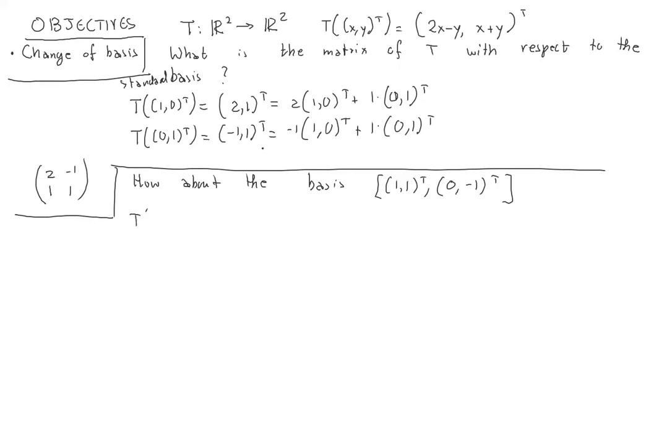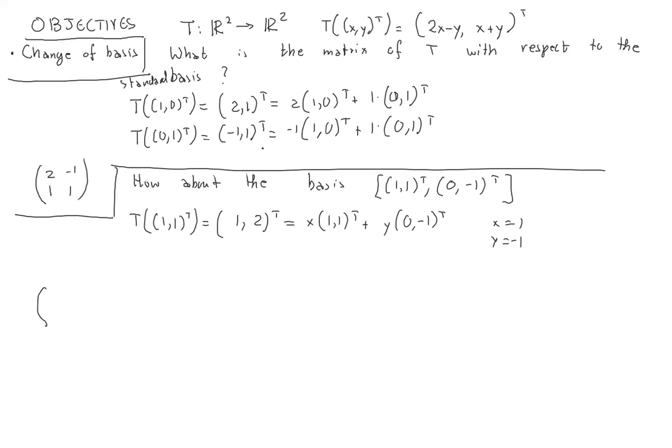And so I'm going to compute T of (1, 1), which is going to be (1, 2). And I would like to express this as x times (1, 1) plus y times (0, negative 1). If you solve this system, you can easily find that x is equal to 1 and y is equal to negative 1.